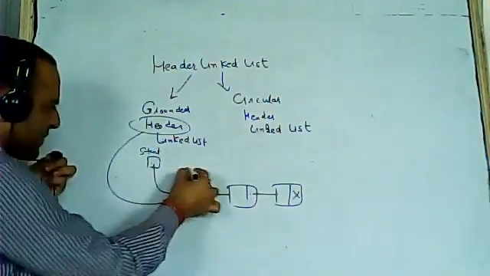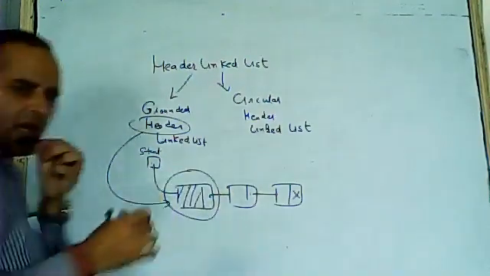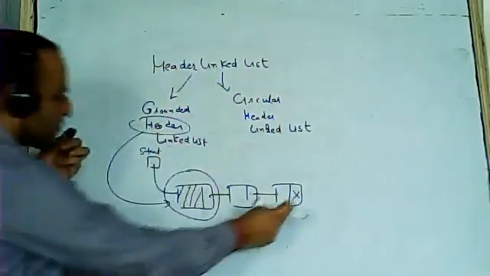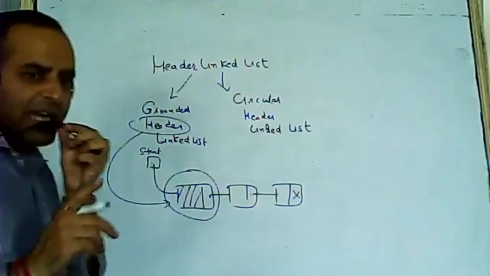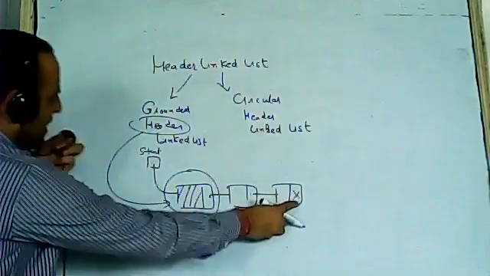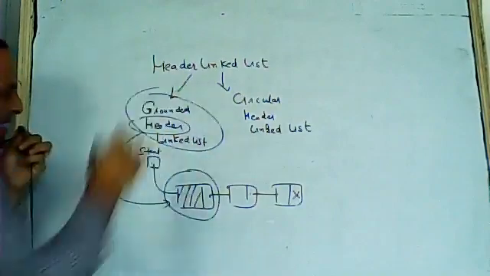Header linked list is a concept where we have a special node called a header node. Why is it called grounded? Because we have null at the last; null means ground. We have grounded it, so it is called a grounded header linked list.